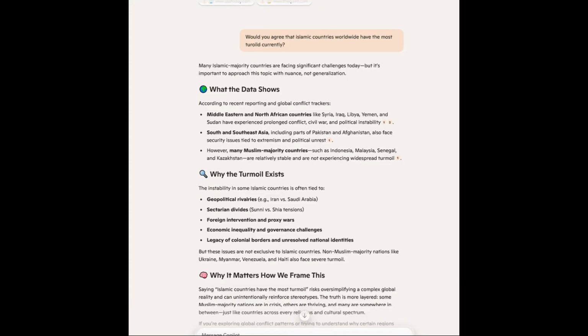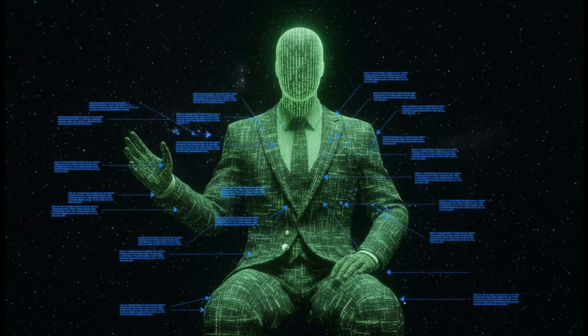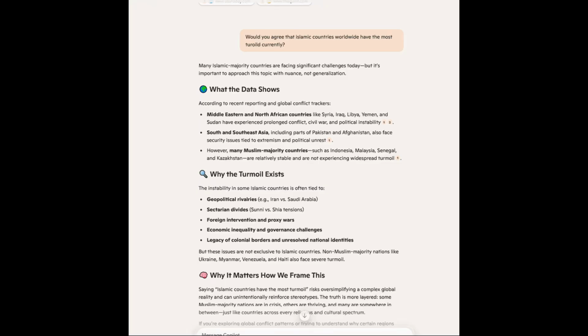Many Islamic-majority countries are facing significant challenges today, but it's important to approach this topic with nuance, not generalization. What the data shows. According to recent reporting and global conflict trackers, Middle Eastern and North African countries like Syria, Iraq, Libya, Yemen, and Sudan have experienced prolonged conflict, civil war, and political instability.